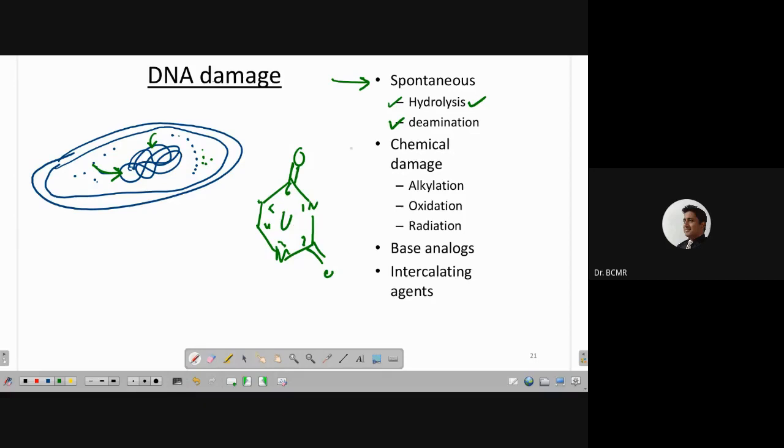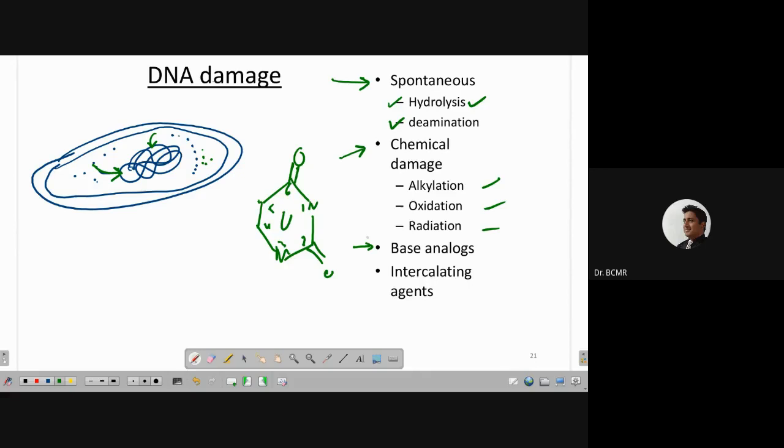There is also other damage that can happen because of additional chemicals from outside, which could be alkylations, oxidation, radiation, and so on. And base analogs, those that look like bases. Analogs means they are structurally similar to some of the nitrogenous bases that are part of the DNA.